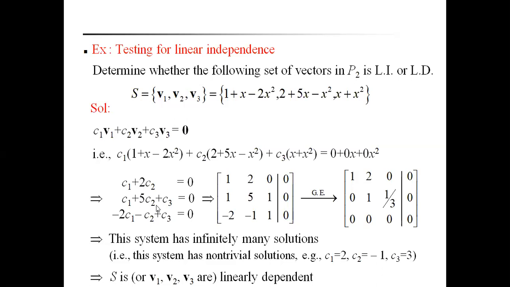This system of equations can be written in matrix form. So write the coefficients of C1, C2, C3: 1, 2, and the third C3 coefficient is not there, so you have to put 0. Next 1, 5, 1. Next minus 2, minus 1, 1. So write in matrix form. Therefore, the 0 vector is also written here as 0, 0, 0 in the form of a column.